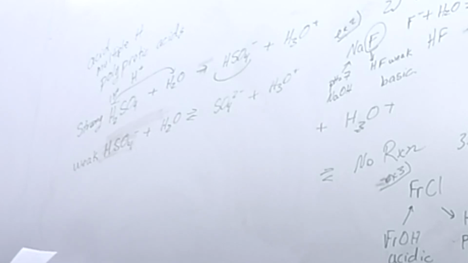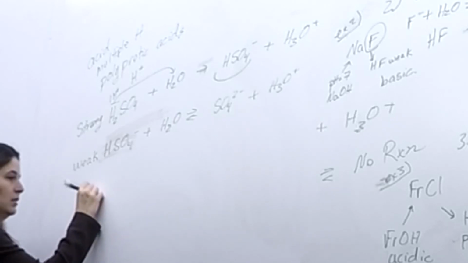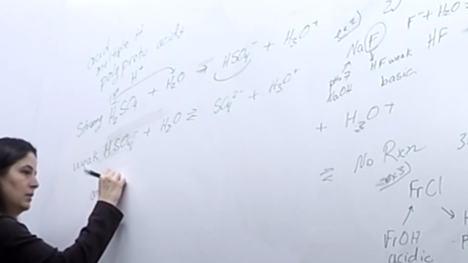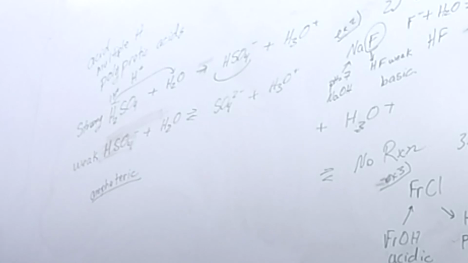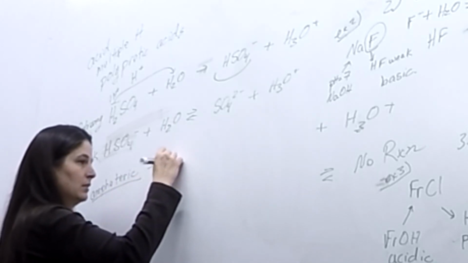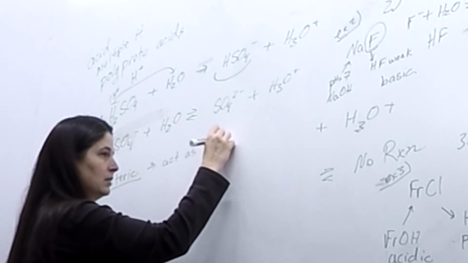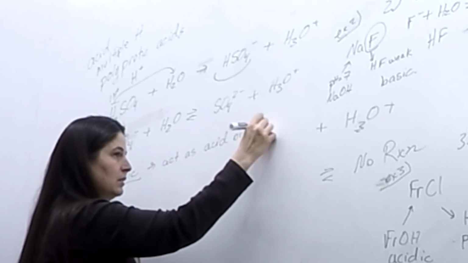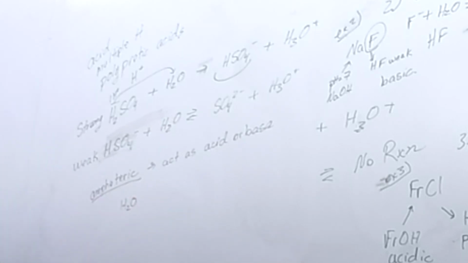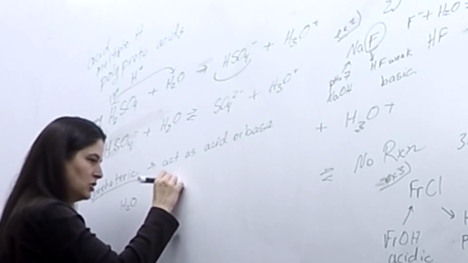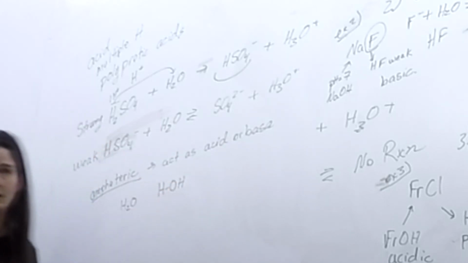And the last concept here is the term amphoteric. It means that some compounds can act as both an acid and as a base. Examples of that: water. Because water is a hydrogen and a hydroxide combined.